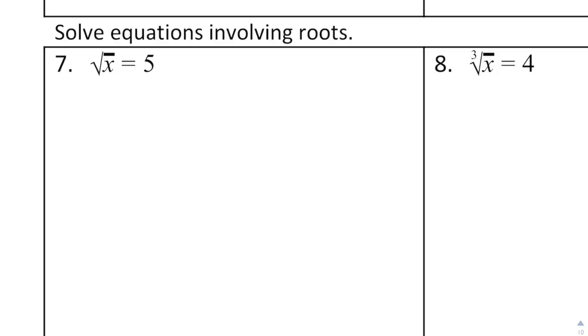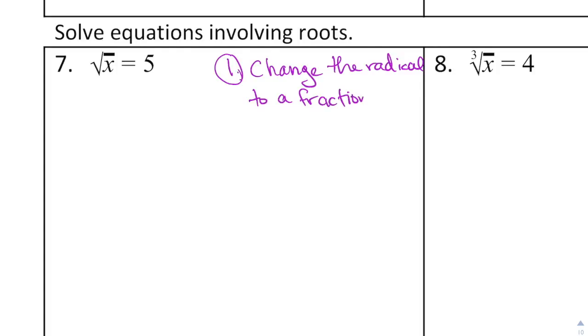On these, we have our radical, and the first thing that we're going to do, so we'll put some notes here on the side, steps, is we are going to change the radical to a fraction exponent.